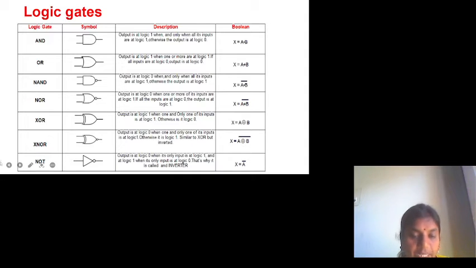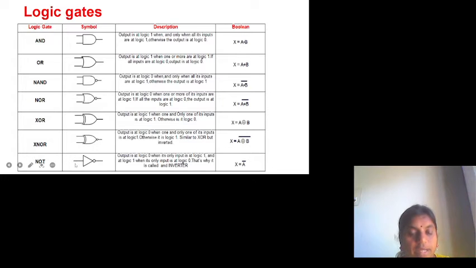Okay, so that means whenever you give the NOT gate an input, let us say A, and A is equal to 0, then you will get the output, let us say X, as 1. Whenever you give 0 input here, the output will be 1.